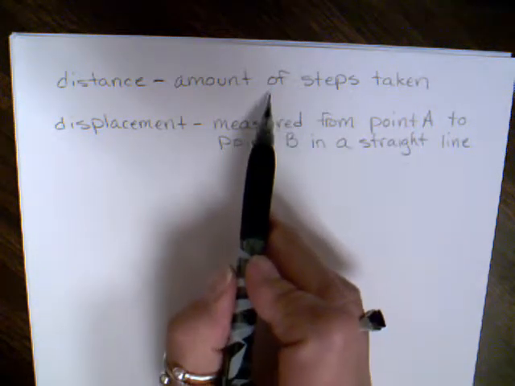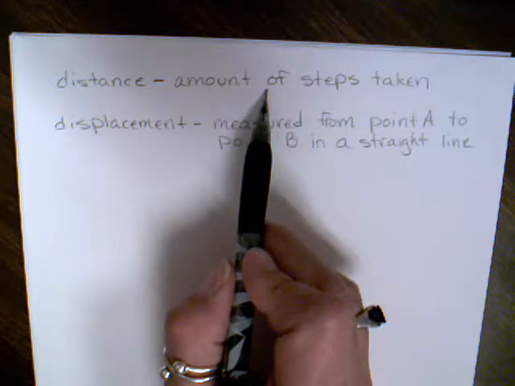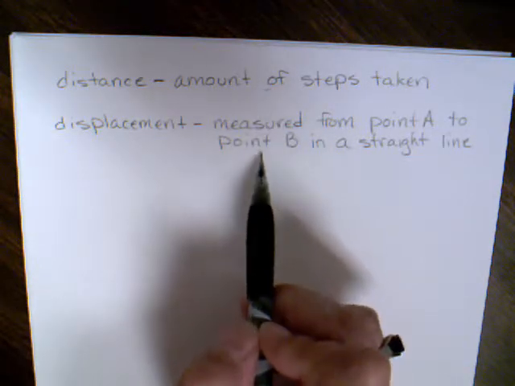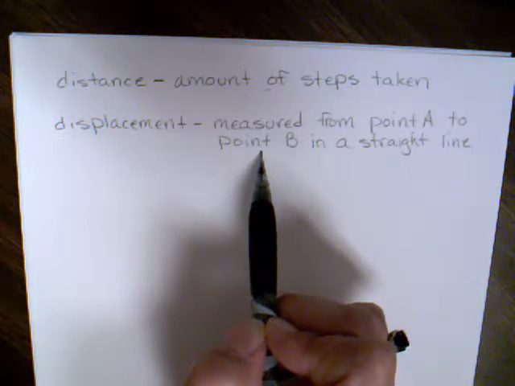So your distance that you took using the sidewalks all the way around to the band hall is going to be greater than your displacement, because we're going to measure displacement from point A to point B in a straight line.